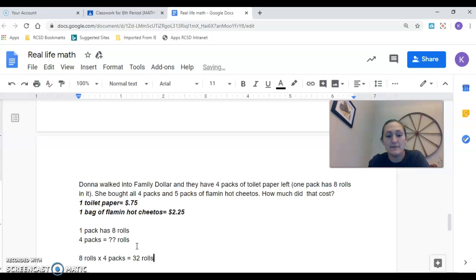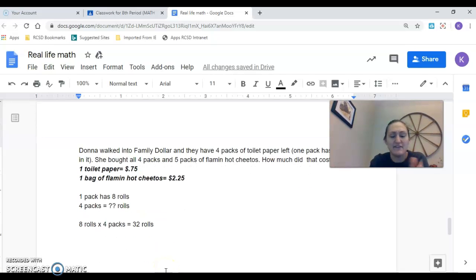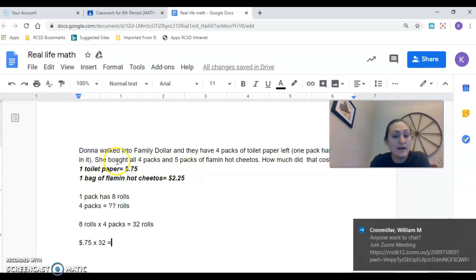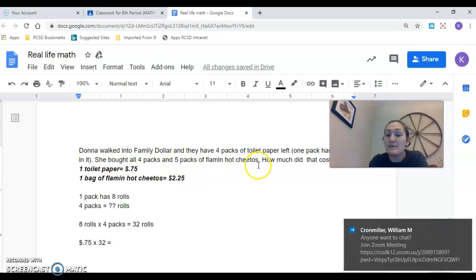Okay, so now 1 roll is 75 cents. So now I have to do 75 cents times 32 rolls equals how much money. And then after she buys those 4 packs, she has 5 packs of Flamin' Hot Cheetos.